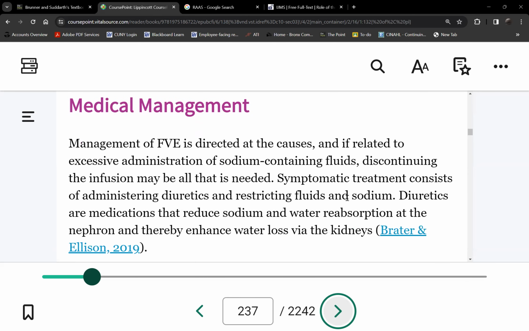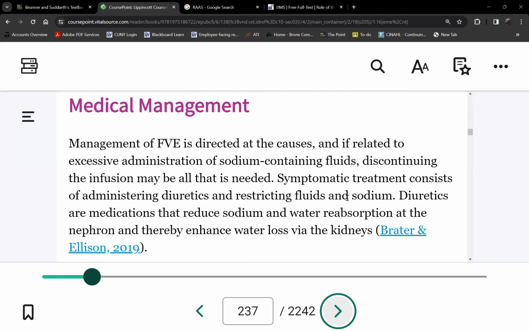So prepare for select all that apply type questions, or it could be categorization where you drag and drop. I'll give you a question with two columns, and the instructions will be to drag the findings to either fluid volume deficit or fluid volume overload.